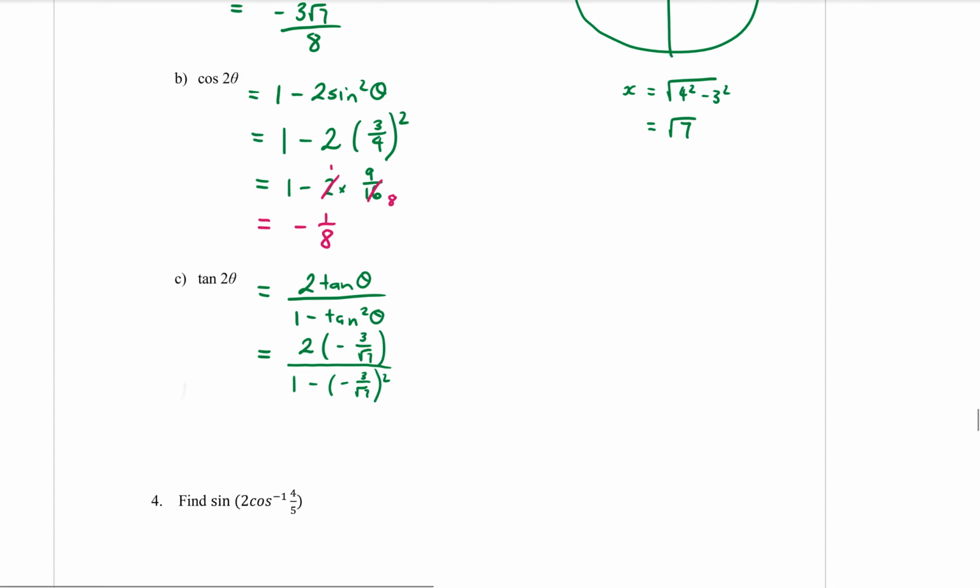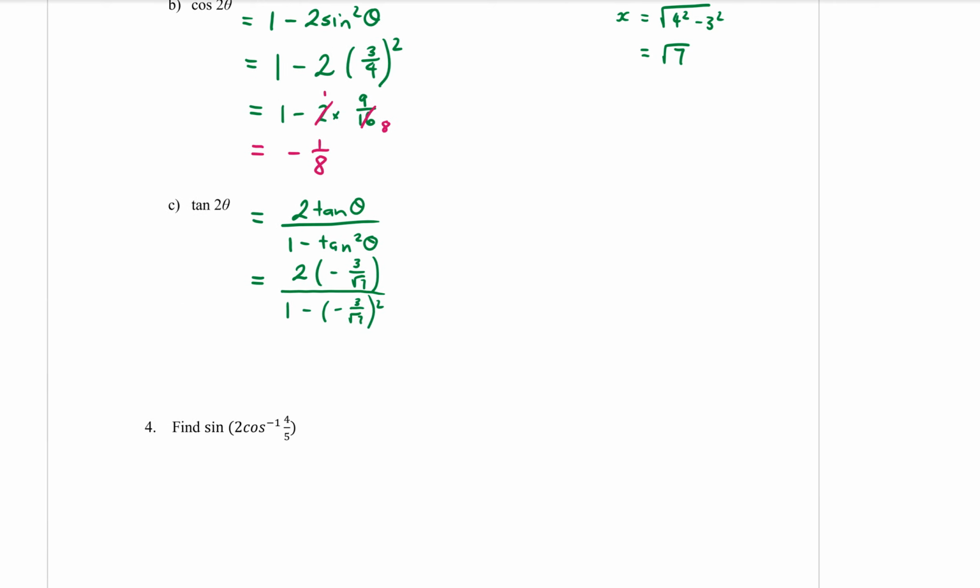Okay, so then on the top we would times the 2 with the negative 3, so that will make negative 6 over root 7. And we are going to divide that by 1 minus, and I want to square this bracket. So squaring the minus will become positive. So 3 squared is 9, and root 7 squared is 7.